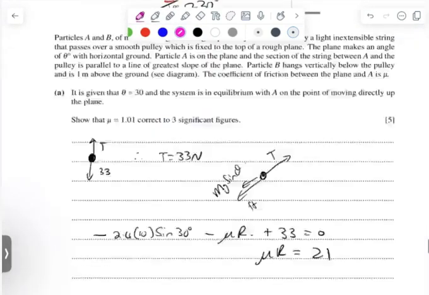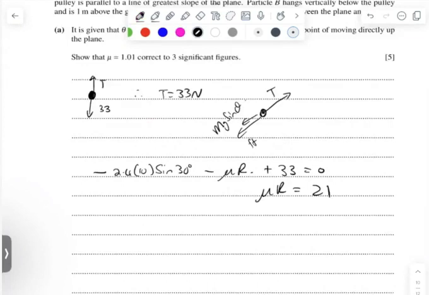There's no other forces in the y direction. So mu, and then R is going to be mg cos 30. Okay, so 21 over 2.4 times 10 times cos 30.